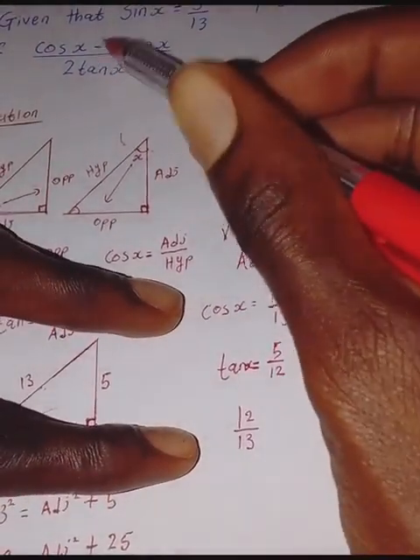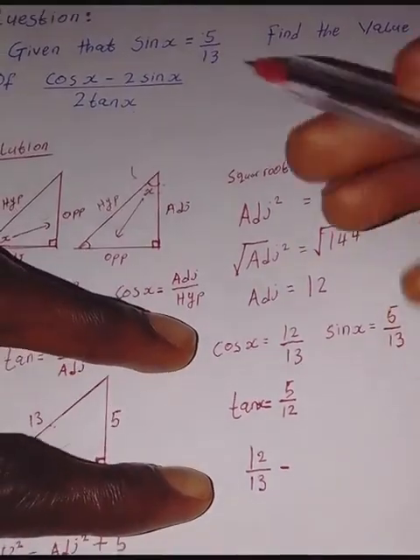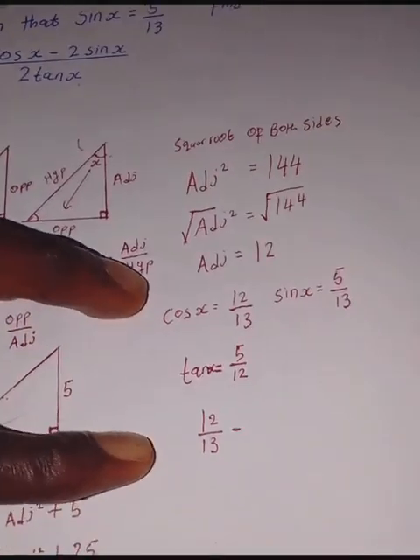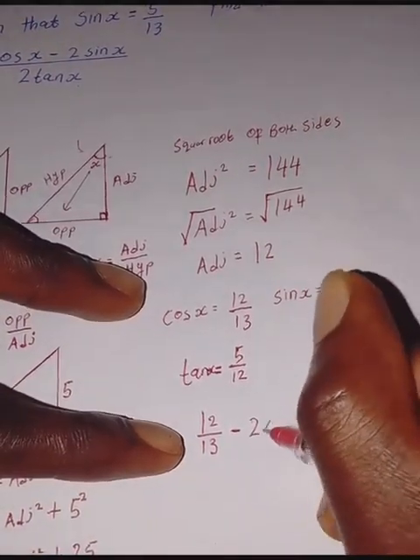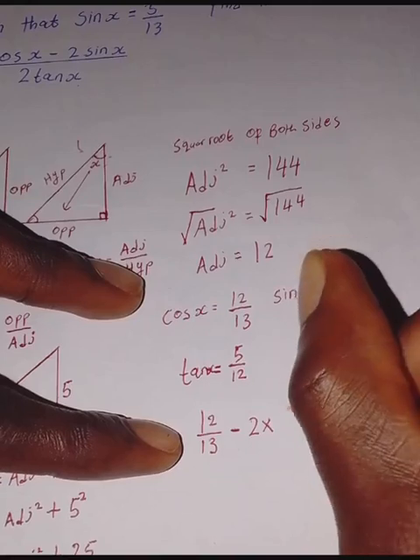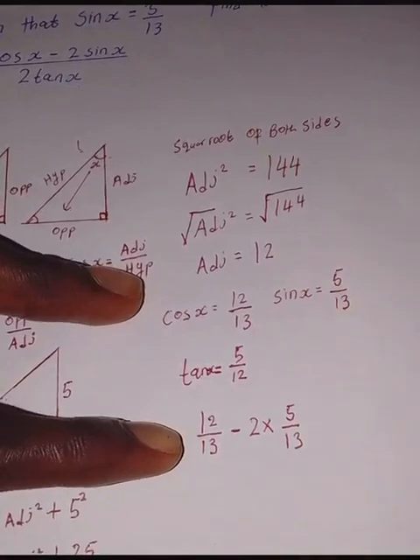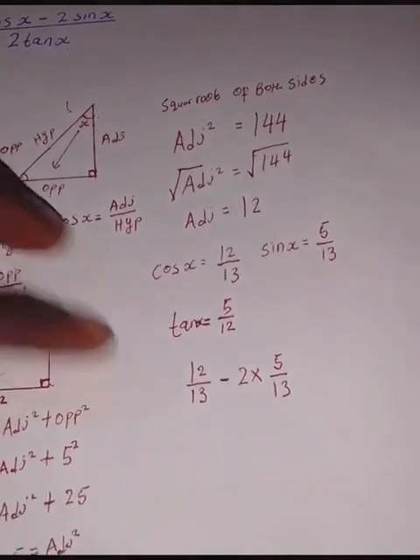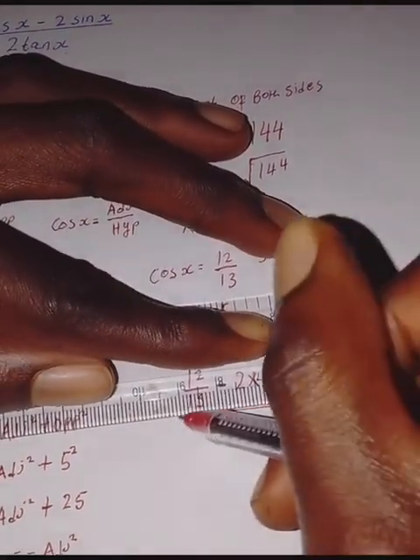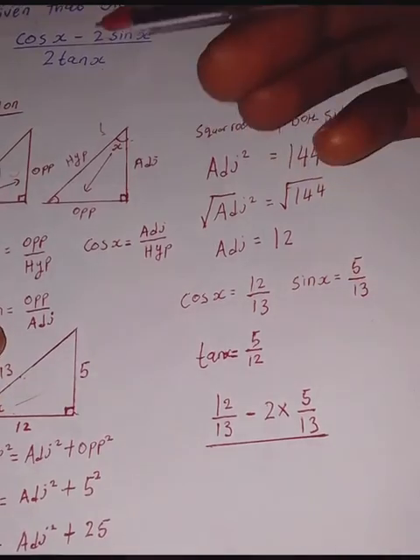There's a minus sign here, so we bring it down, minus. And from here now we have 2 sin x. So it's 2 times sin x, and sin x is 5 over 13, all over 2 tan x.